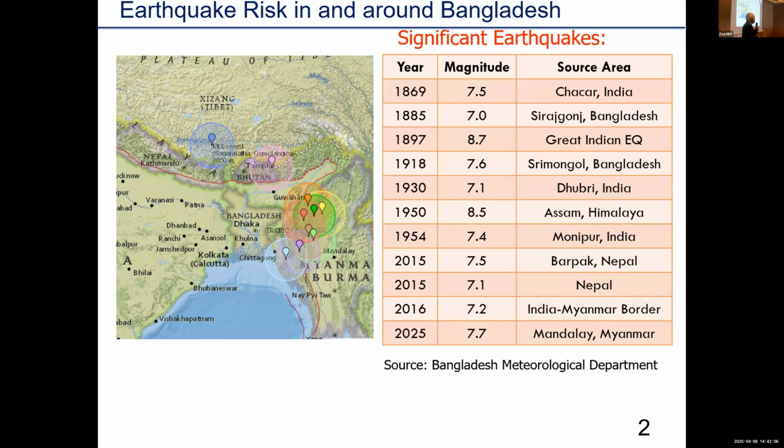It caused tremendous damage in Bangladesh, India, Nepal, everywhere. In Bangladesh, all the masonry buildings all over the country were destroyed. Of course, there were few masonry buildings at that time, only maybe 1 to 2 stories high.